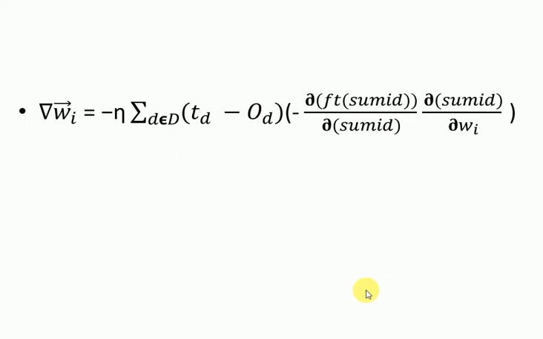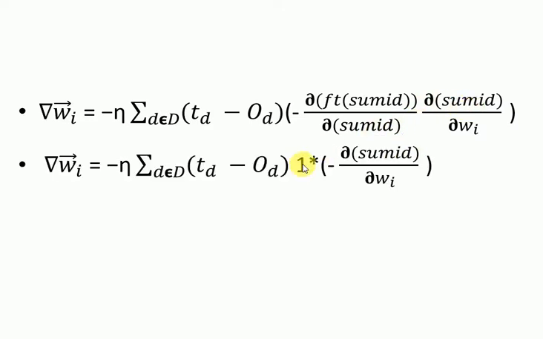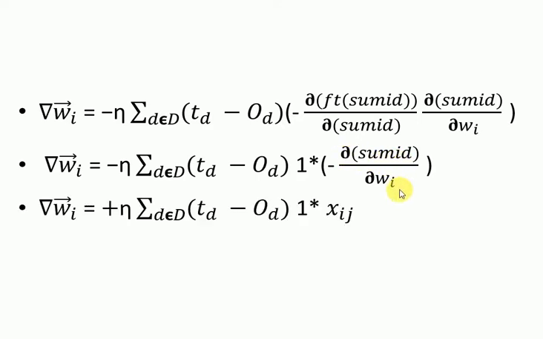Now we place this value: eta into sigma over d belonging to D, Td minus Od, minus the differentiation of ft of the sum of Id over the sum of Id, which gives 1, into minus the differentiation of the sum of Id over w of i. Finally we get the derivative of w of i equals this, and the minus becomes positive, so it is plus eta into sum over d belonging to D, Td minus Od, into x of i.